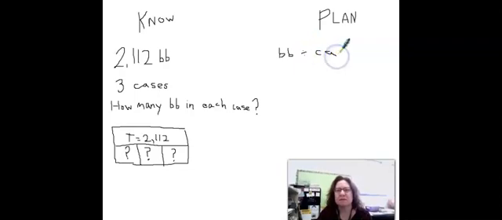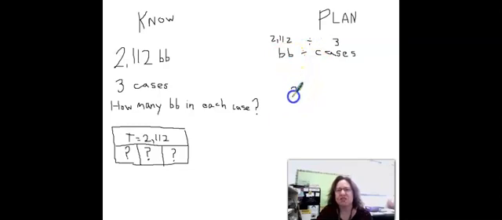And how do y'all want to do this? We can use different methods. We've been doing the big 7 a lot lately. Let's do something else. Let's try by place value. So it's going to be 2,112 divided by 3.